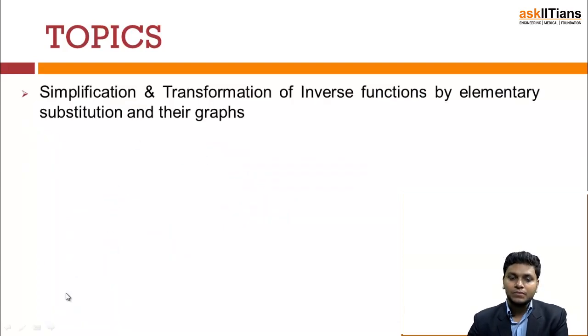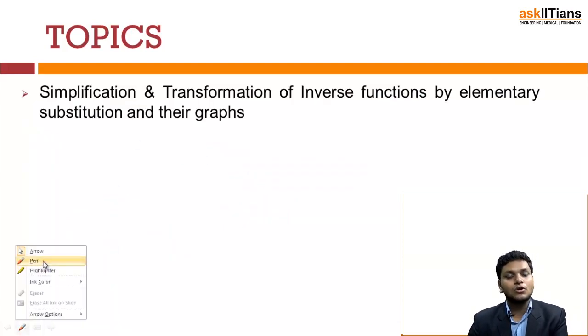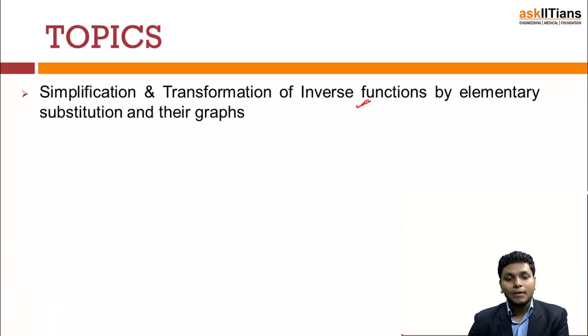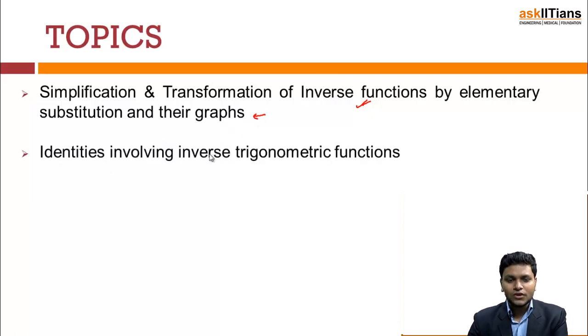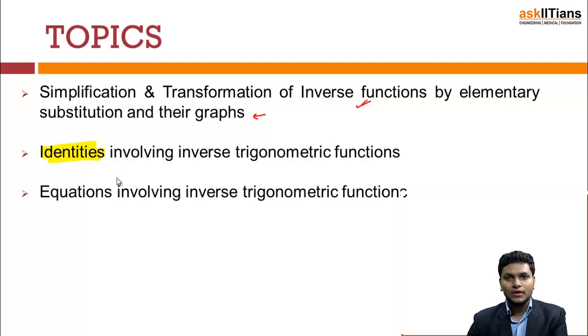After that, we'll have simplification and transformations of inverse functions by using elementary substitution and with the help of their graphs. When we are done with that, we'll use identities which involve inverse trigonometric functions, and we'll try to find out the properties also which we can cater to with this.